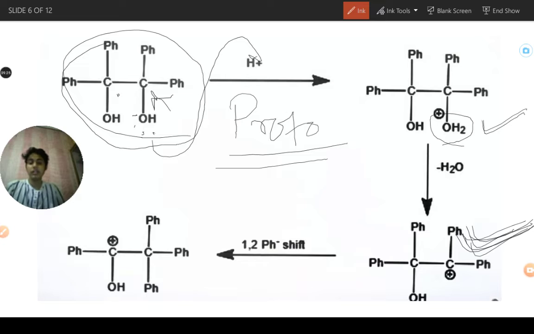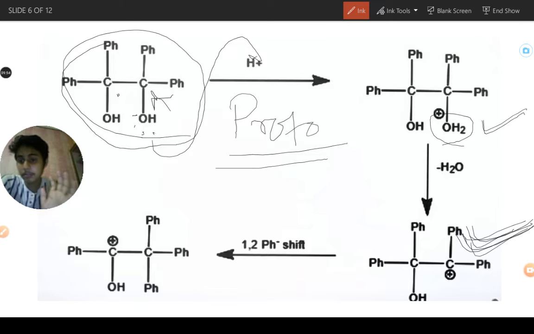But in the third step, the carbocation will search for a more stable carbocation formation, meaning it will look for plus M effect. This is a very important thing here. Why does the shift occur? Shift occurs as the carbocation searches for plus M effect and it will stabilize more there.